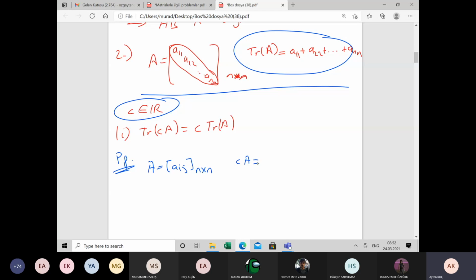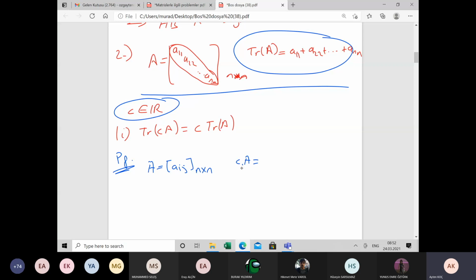C times A is a matrix, and C is a scalar. Using scalar multiplication, we know the definition: multiply all entries by this scalar.